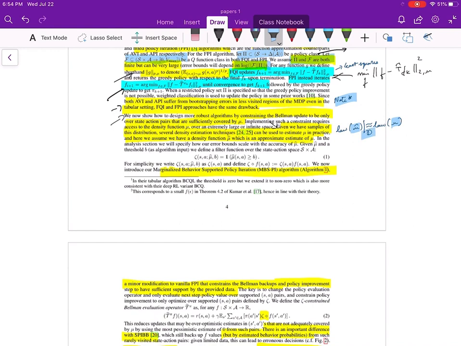Here they define a filter function called xi of s, a, which thresholds mu hat against b. It's an indicator function. You can say that you are only looking at the state-action pairs with good densities.